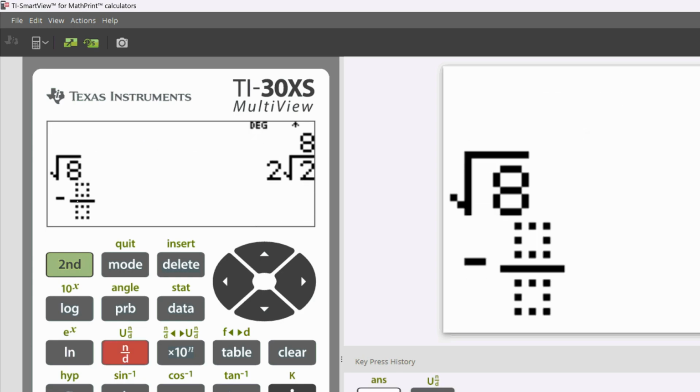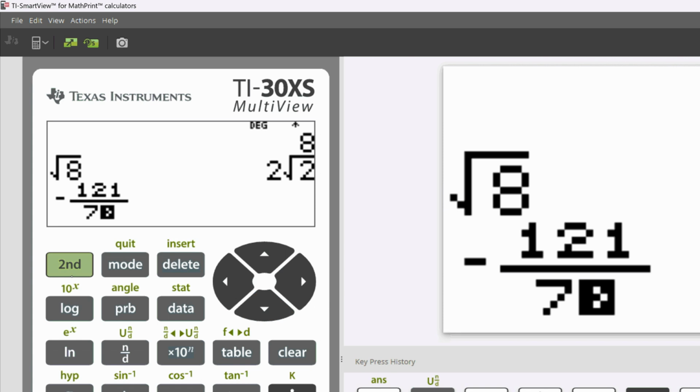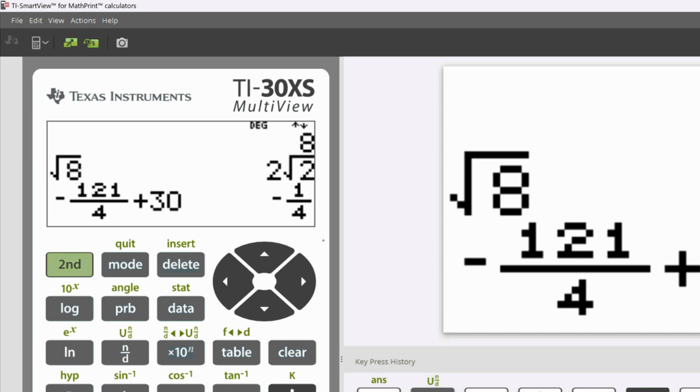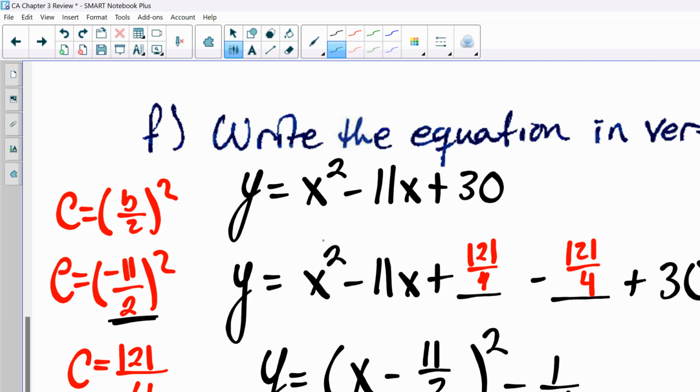Now negative 121 over 4 plus 30 is negative 1/4. I find that kind of interesting that it works out to be such a nice number. But we get this here. This is the equation in vertex form.